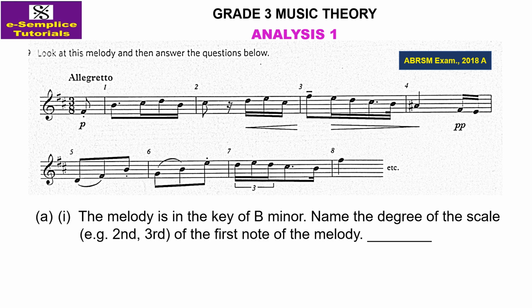Now, what degree of B minor scale is F sharp? Fifth degree. F sharp is the 5th degree of B minor scale, where you go B, C sharp, D, E, F sharp.